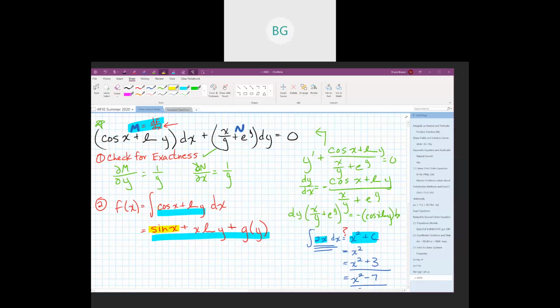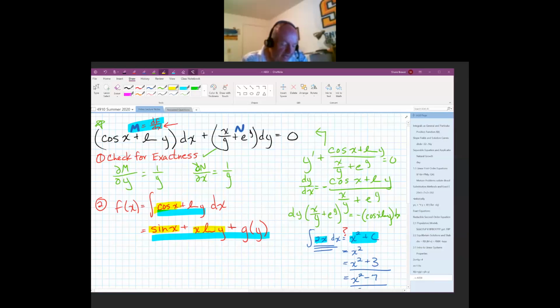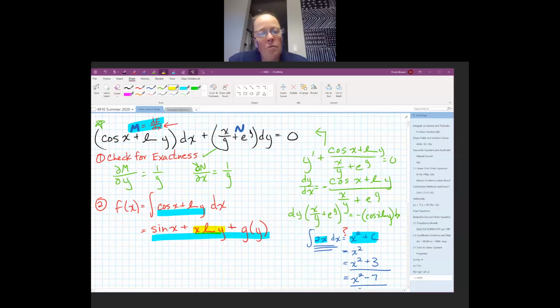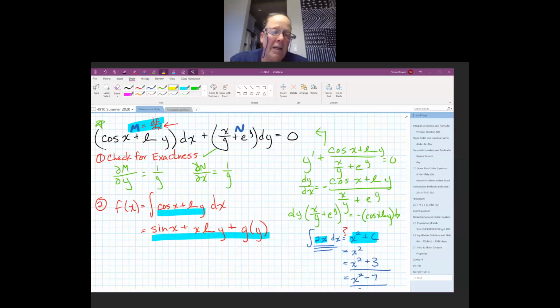The derivative of this is cosine x. What's the derivative of this with respect to x? That's a chain rule, so the derivative of the first times the second plus the first times the derivative of the second.